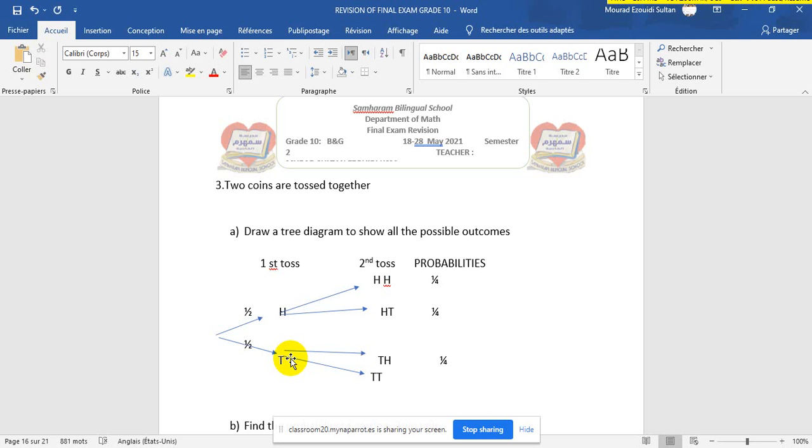So in the first toss you will get a head or a tail, and the probability of getting a head is 1/2, and the probability of getting a tail is 1/2.